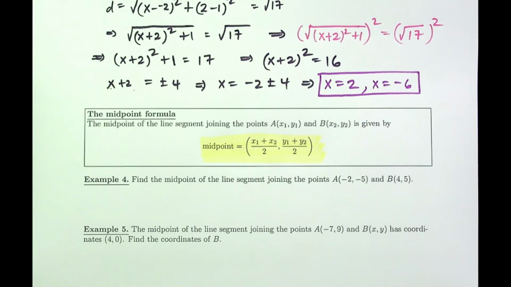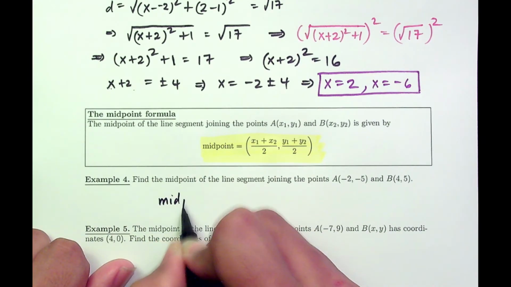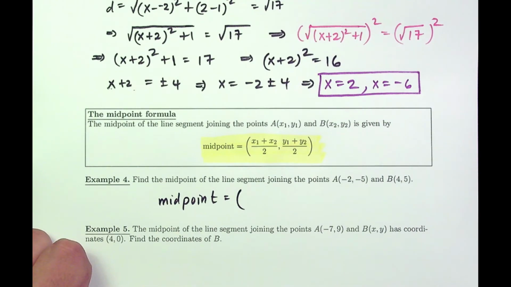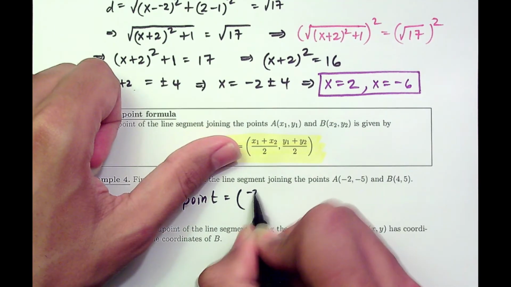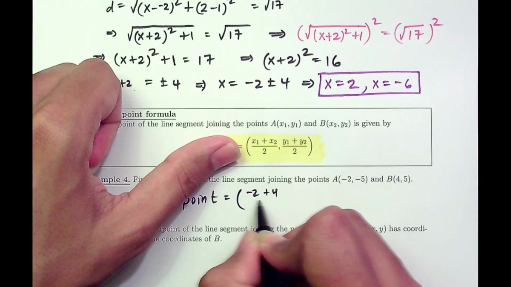So the first example says find the midpoint of the line segment joining these 2 points. That is very simple. All you have to do is find the average of the coordinates. So the average of the x coordinates will be (-2 + 4) divided by 2.